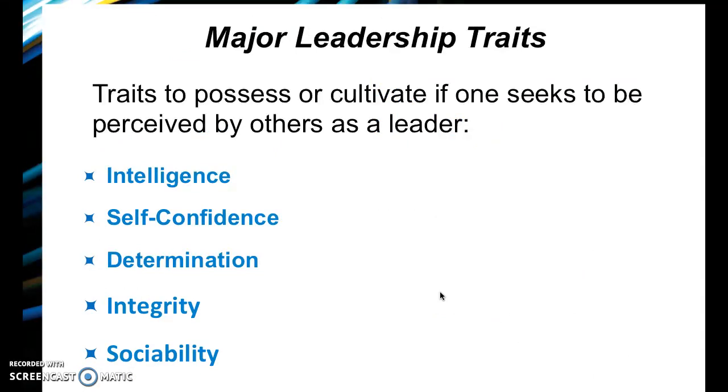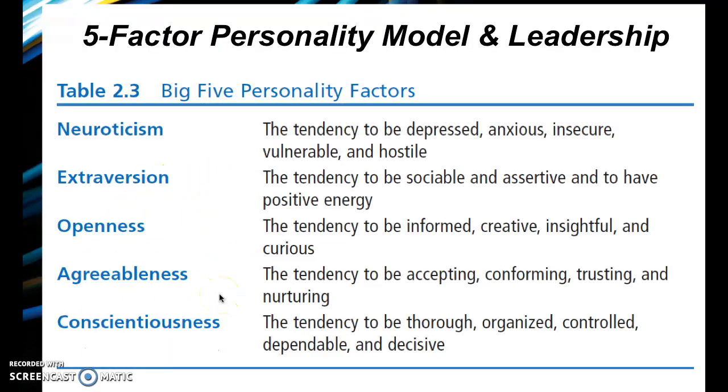Northouse discusses 5 traits: intelligence, self-confidence, determination, integrity, and sociability. And these were often perceived from research to be true of leaders, the kinds of personality traits that they had. Another area that was researched a lot was the Big 5 personality.